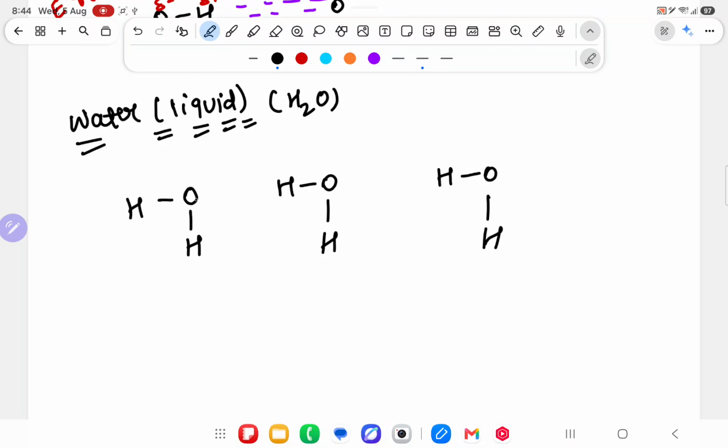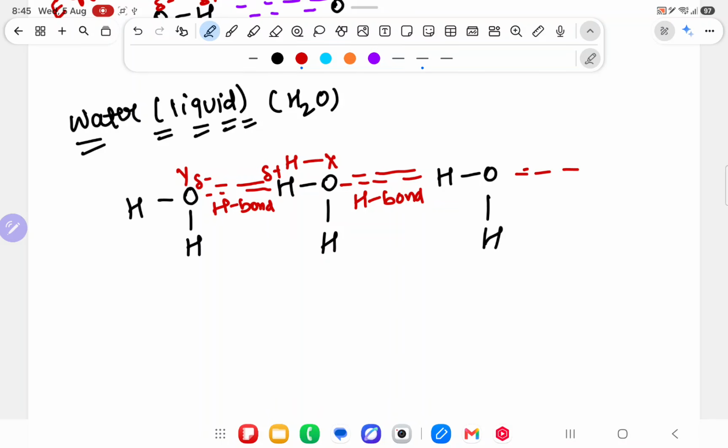Now oxygen is Y, and this is X with hydrogen. The hydrogen gets delta positive and the oxygen gets delta negative. It will attract here, forming a hydrogen bond. This is an H bond. Similarly, over here it will form an H bond. Like that, lots of water molecules will come, and the hydrogen bonding goes on this side also, and so on.